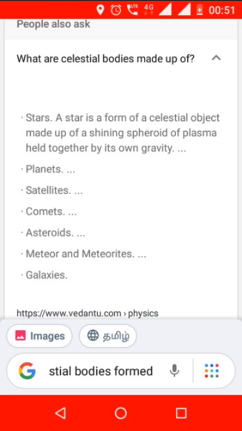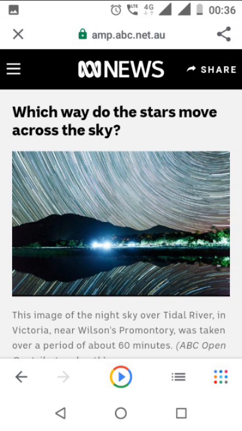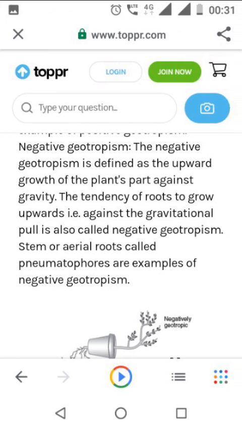Without gravitational force, celestial objects would not form. Planets, satellites, comets, asteroids, meteors, galaxies. Applications means uses. Which way do the stars move across the sky? You can see and understand the concept.